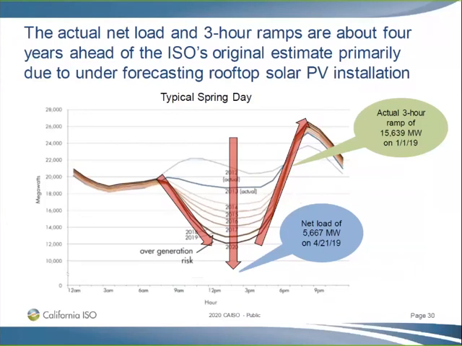So again, when we look at this duck, the belly of the duck, what I think we need to focus on is when you're looking at 7,000 megawatts of actual production that's base loaded, and you're encroaching on days like 5,600 megawatts, you're encroaching on that non-dispatchable gen.